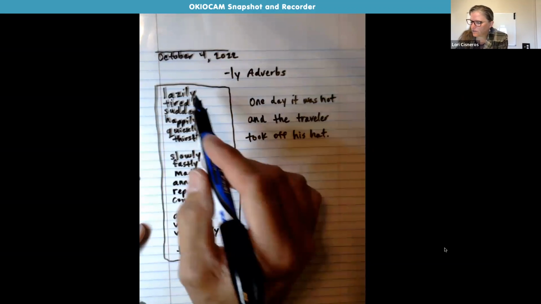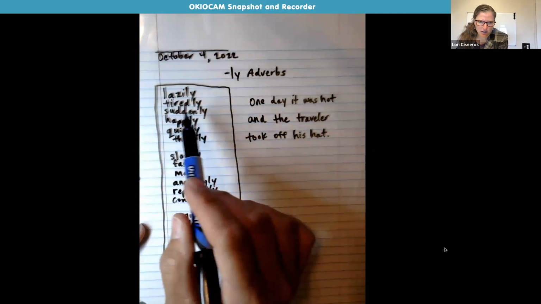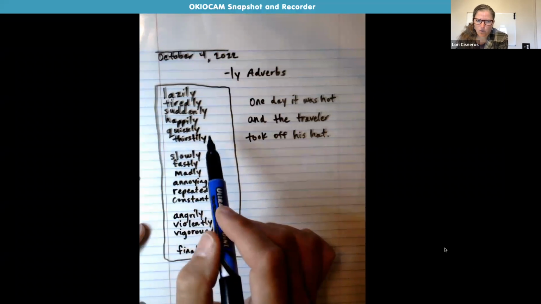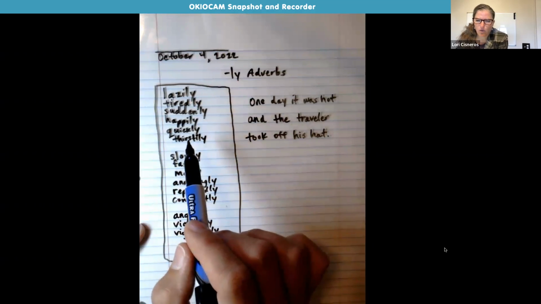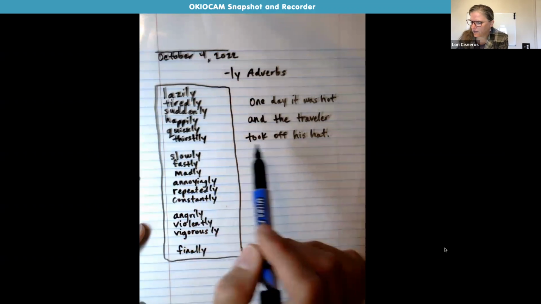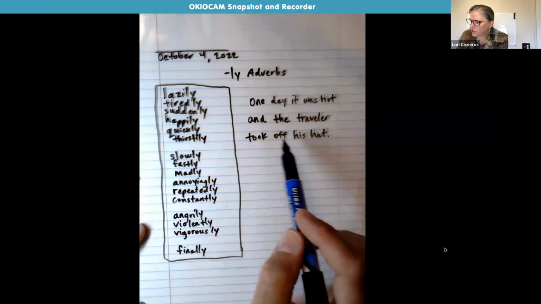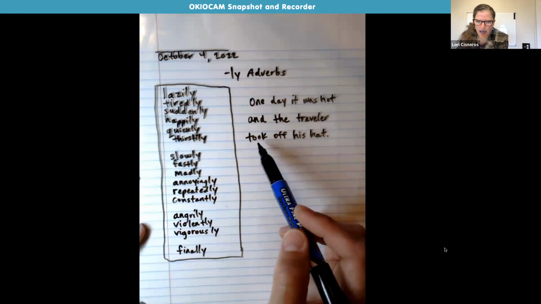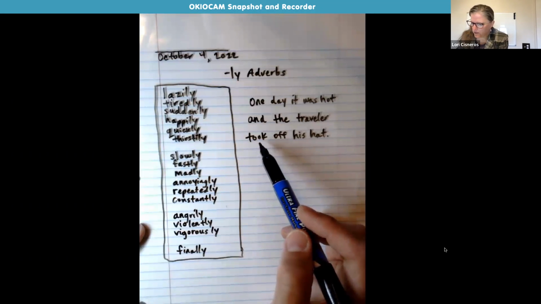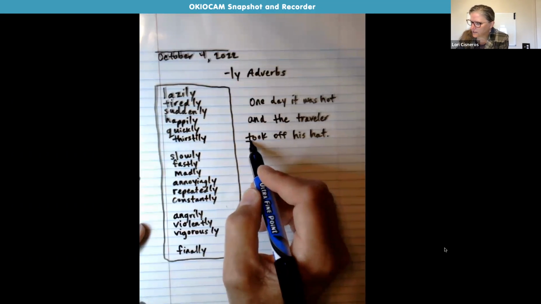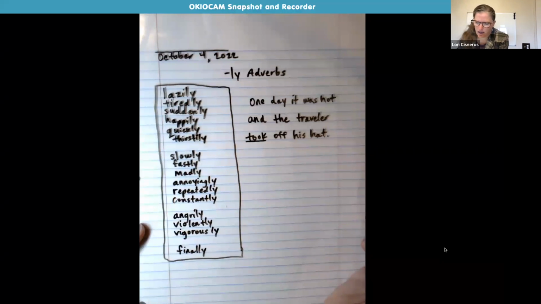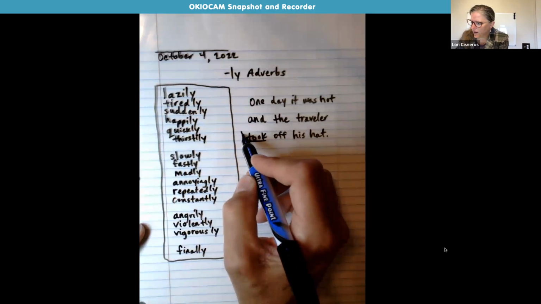Now I want you to just focus on the top section of our ly words here. What is one of these ly words that we could add to how he took off his hat? Remember, it's going to add to a verb, and the verb in this sentence is took. Go ahead and underline that. He took off, right? And we can put an ly word right here.